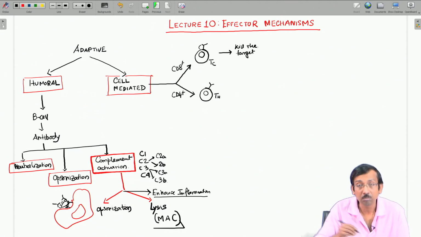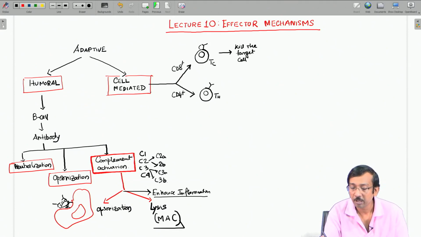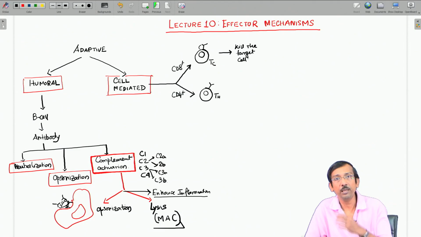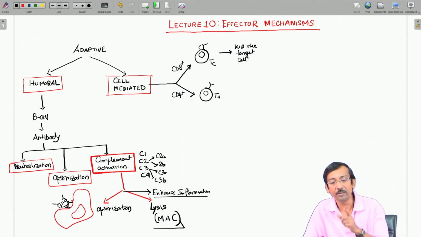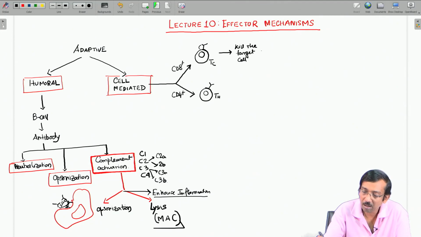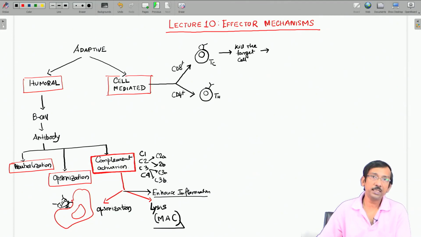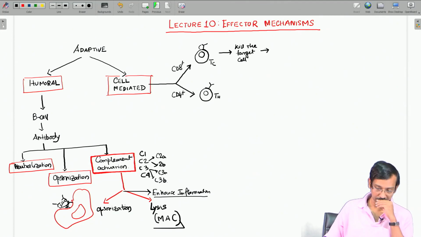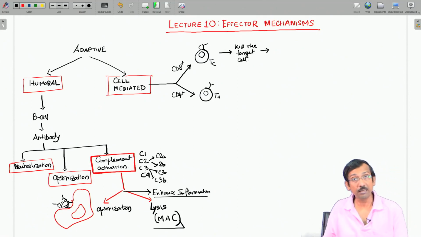Now, how does it do that? There are effector molecules that help in this killing by the cytotoxic T cells, which help in destroying the pathogens. For example, the granzymes.